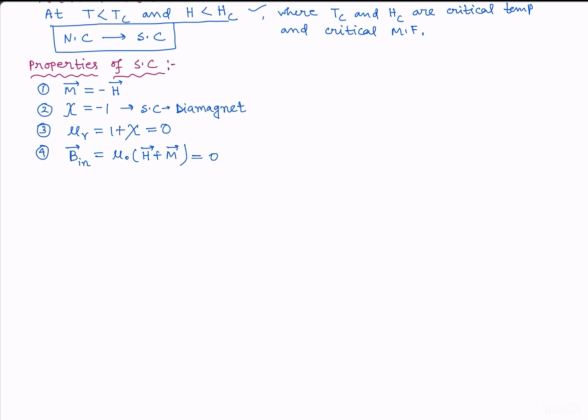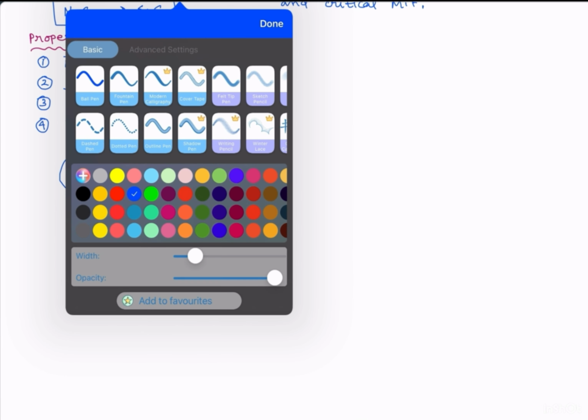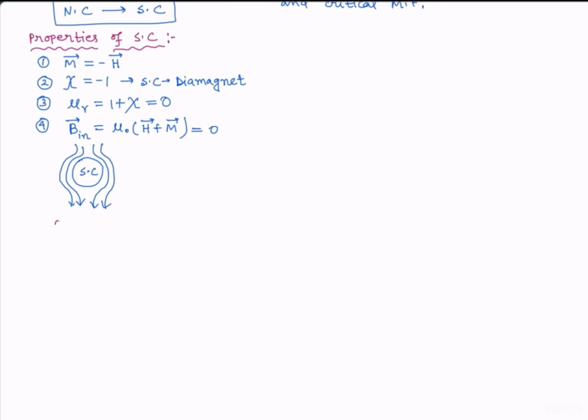These are the important properties of the superconductor. And the picture which is to be remembered, this is the picture that has to be remembered, at condition T less than Tc, H less than Hc.